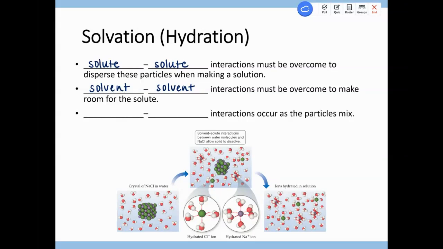And then the solution can form new interactions where we have a hydrated ion, where this is sodium. Sodium is surrounded by water molecules. Chloride is surrounded by water molecules. And then we say the ions are hydrated or have solvated. So now we form solvent-solute interactions.